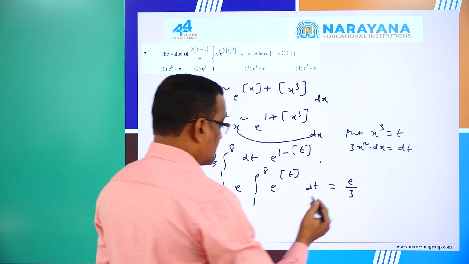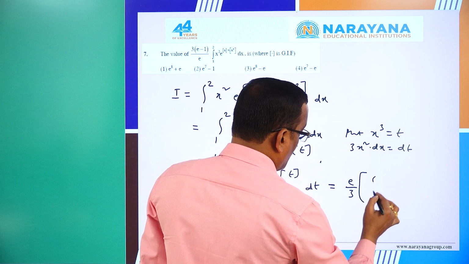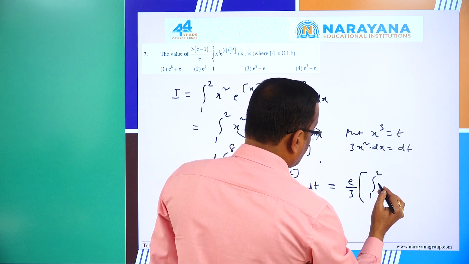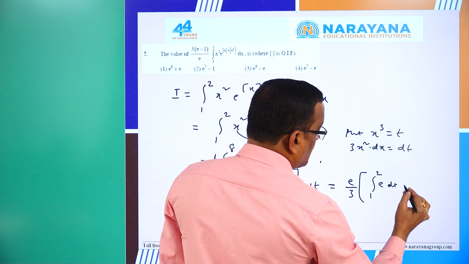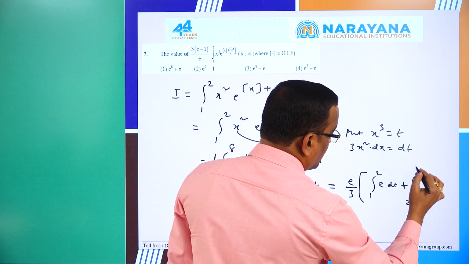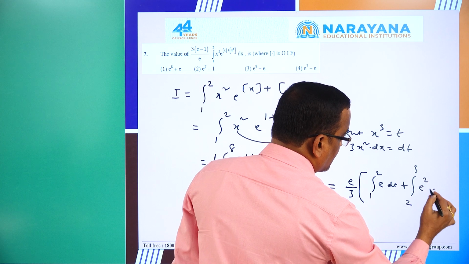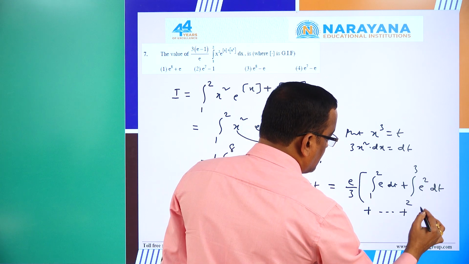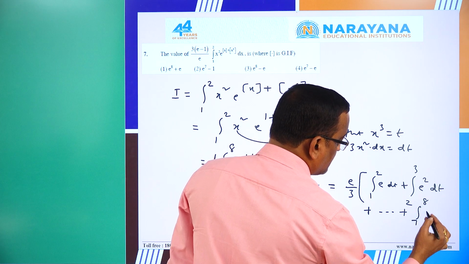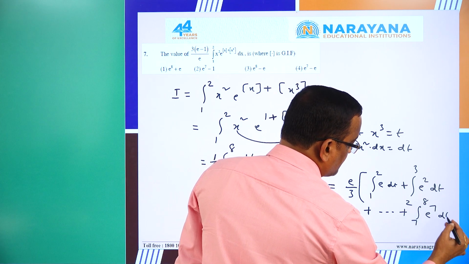So we can write this like this: 1 to 2 e power 1 dt plus 2 to 3 e square dt, plus and so on, and the last 7 to 8 e power 7 dt.